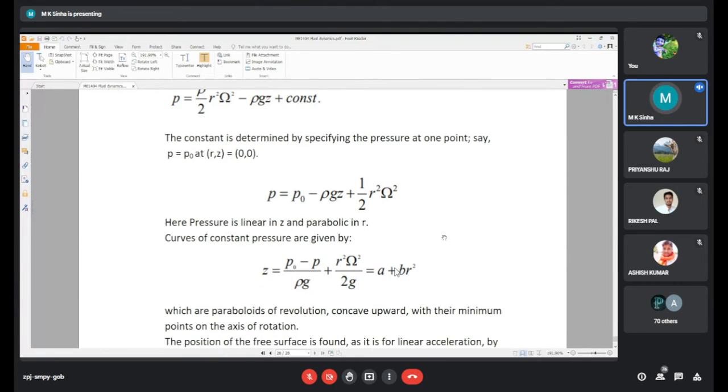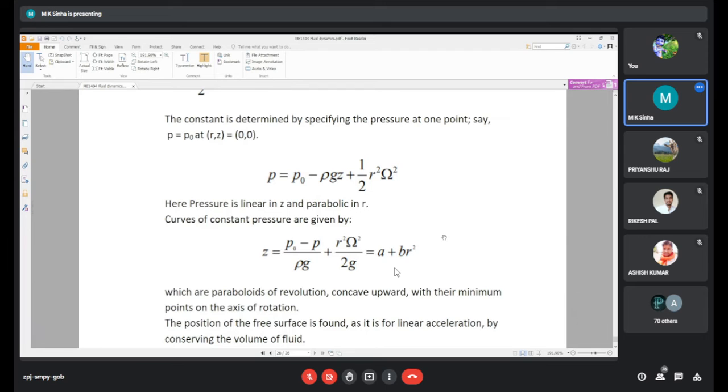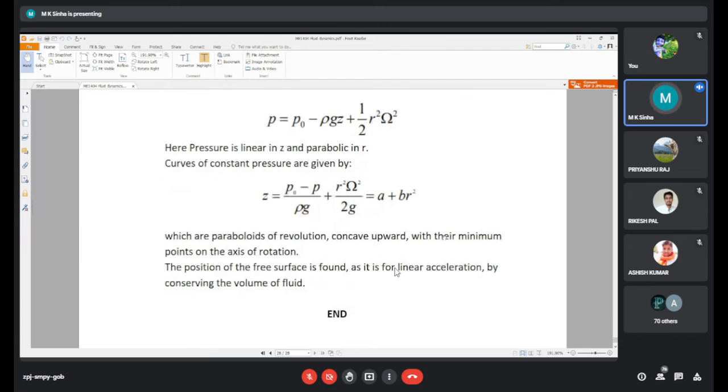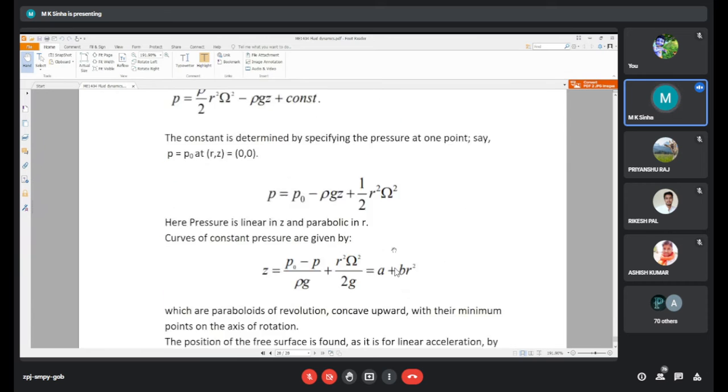So the curve formed is a surface of revolution, a paraboloid, with the constant given as a, the a plus b square, where a is given. So this is all about the theory of fluid dynamics.